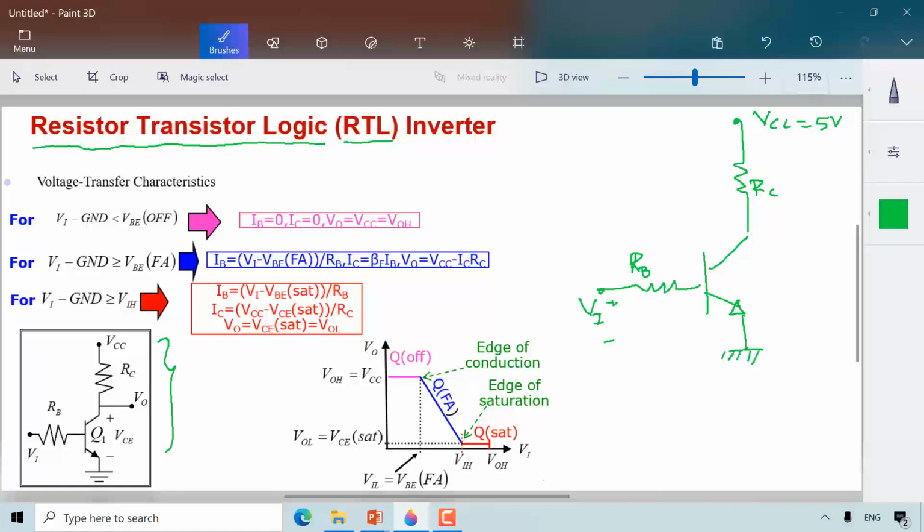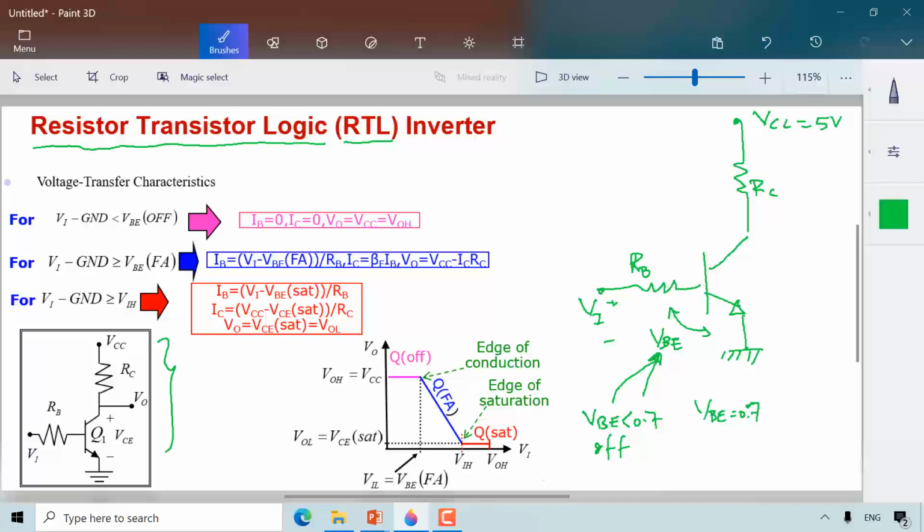Obviously, this is our VBE. Pay attention always in the BJT device that VBE controls the operation of the device. If VBE is less than 0.7, then we are in cutoff. If VBE equals 0.7, then we are in forward active.